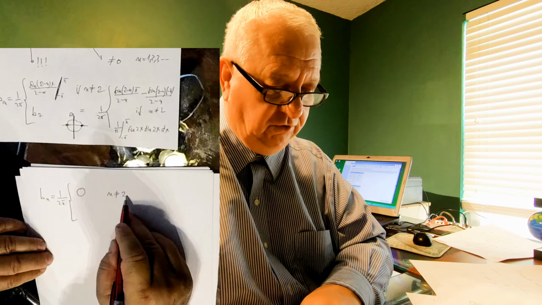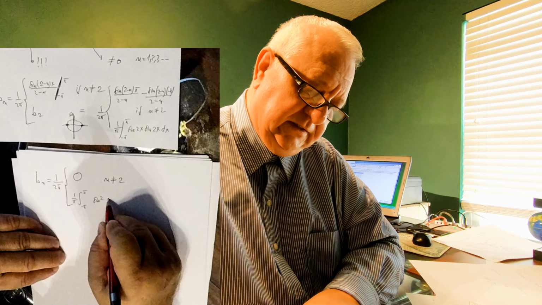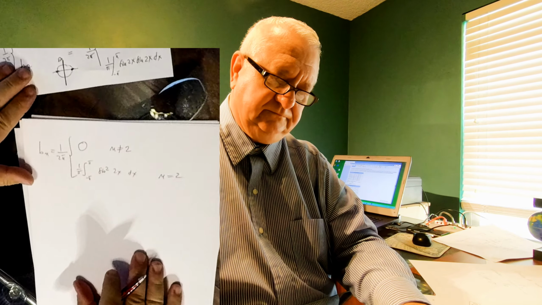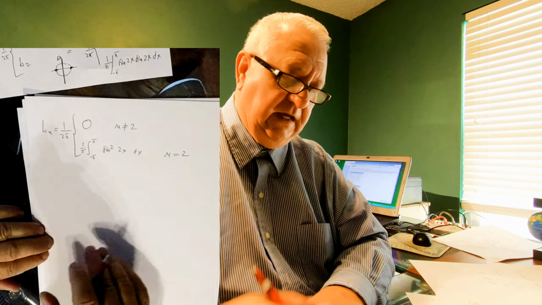What happens when n is 2? Let's calculate. I have 1 over pi, and then I have sine of 2x times sine of 2x, this is sine squared of 2x dx when n is 2. I can go ahead and just write b2, because the rest of the bn's are 0. I'm not going to carry this with me anymore.